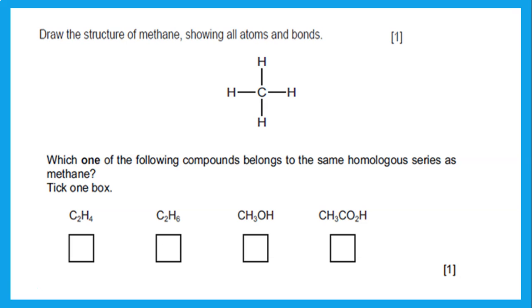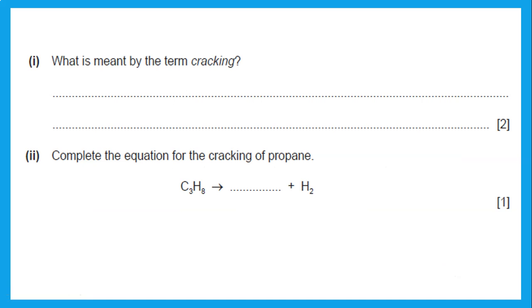So which of these has hydrogen twice the carbon plus 2? That is, of course, C2H6, which is ethane.